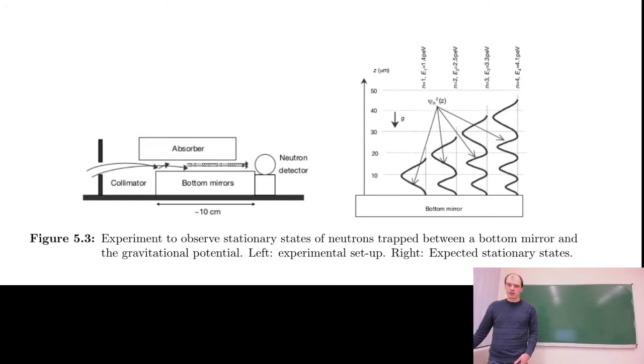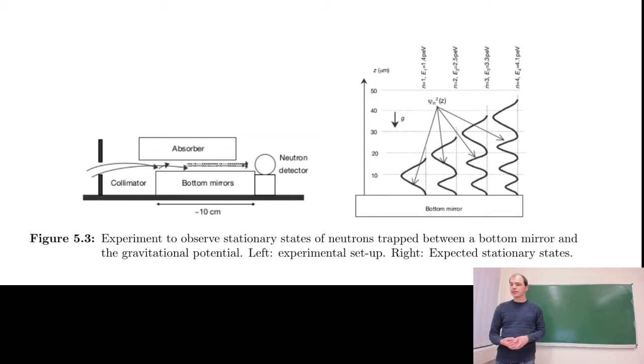So I mentioned at the beginning that there are 2 experiments that have been done where both gravity and quantum mechanics play a role. And the second experiment you see depicted here. This is an experiment that is much more recent. That was done by Nesvizhevsky and others in 2002, so about 20 years ago, compared to the COW experiment that was done like 45 years ago.